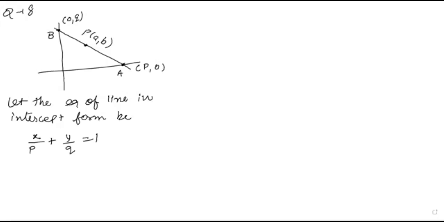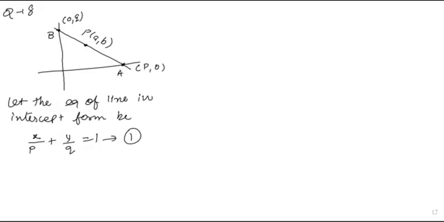As you can see, my x intercept is p and y intercept is q. That's why the coordinates of A and B will be (p, 0) and (0, q). Right. So this is our equation.